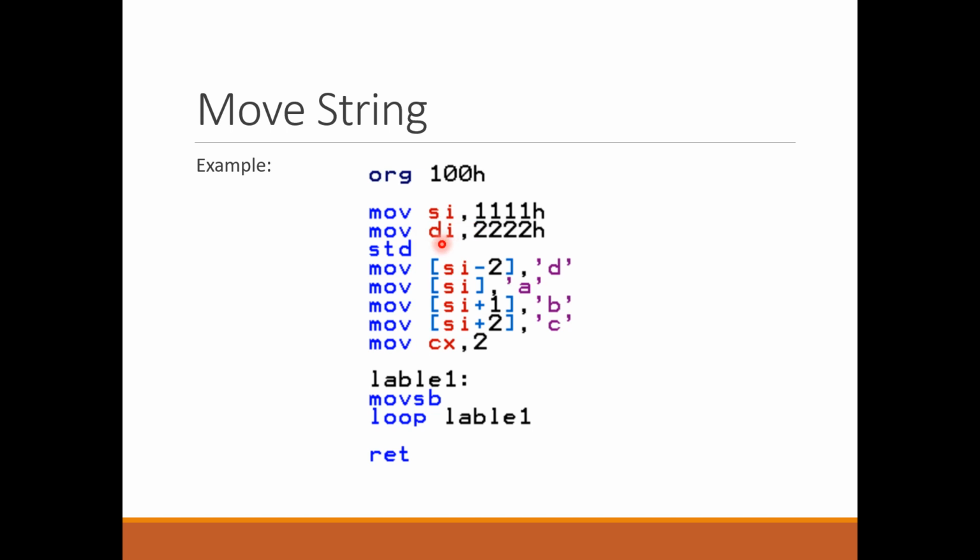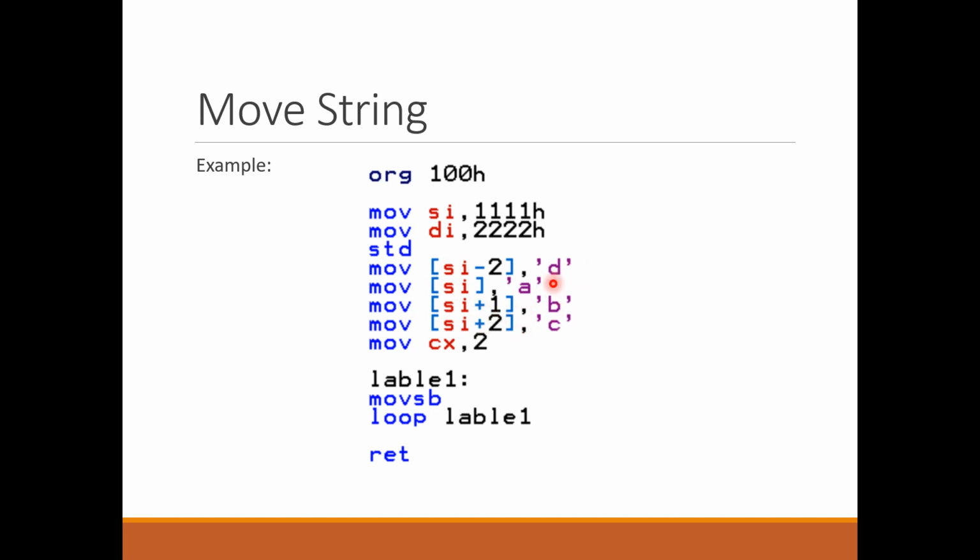And we say STD, set direction flag, in order to read the string inside the memory location in auto decrement. And you are saying move SI minus 2 this value, move SI this value, move SI plus 1 this one.